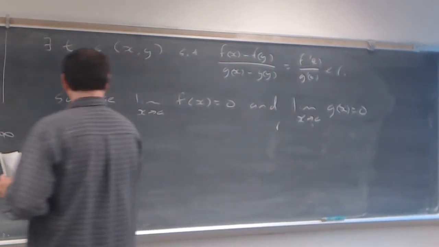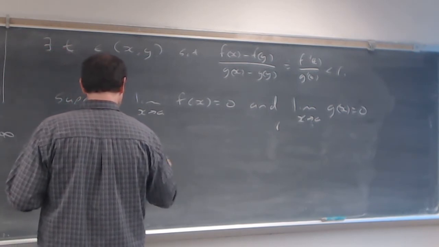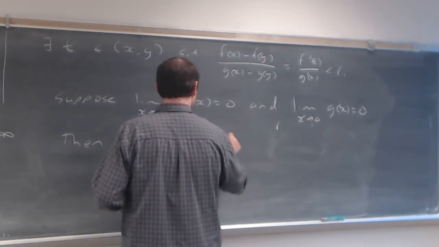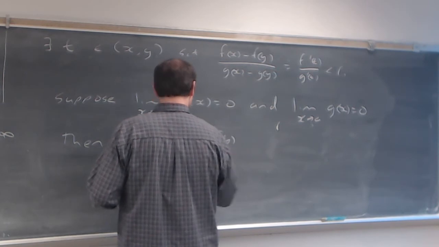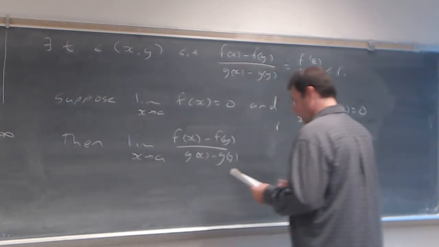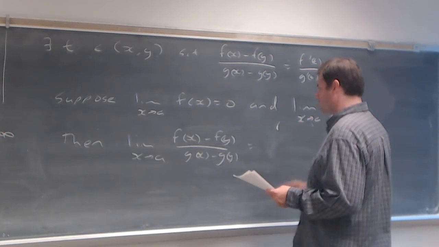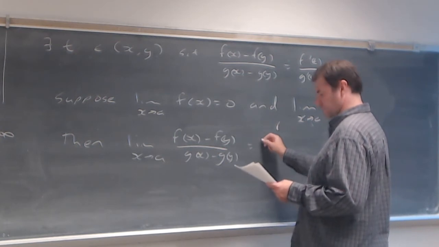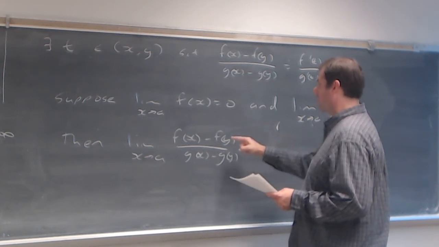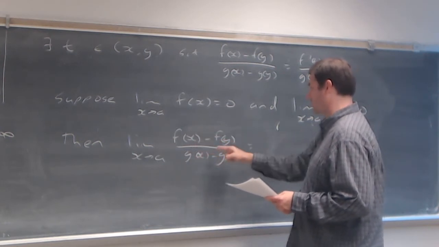Then, if you look at the limit as x goes to a of f of x minus f of y all over g of x minus g of y, this is going to be equal to, well, here f of x is going towards 0, g of x is going towards 0.